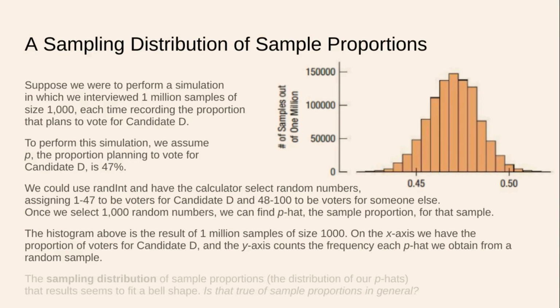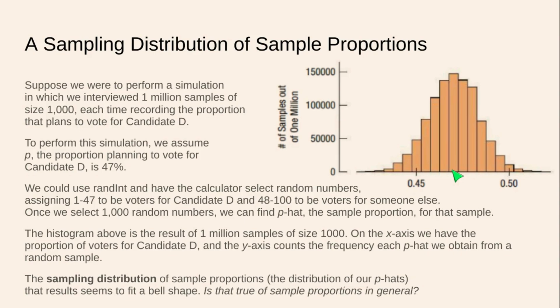The sampling distribution of sample proportions, that is the distribution you see right here of your p hats. Some of the sample proportions are low, some are high, but most of my 1 million sample proportions are somewhere in the middle. That is the sampling distribution that results from doing all those simulations, and it seems to fit that bell shape.